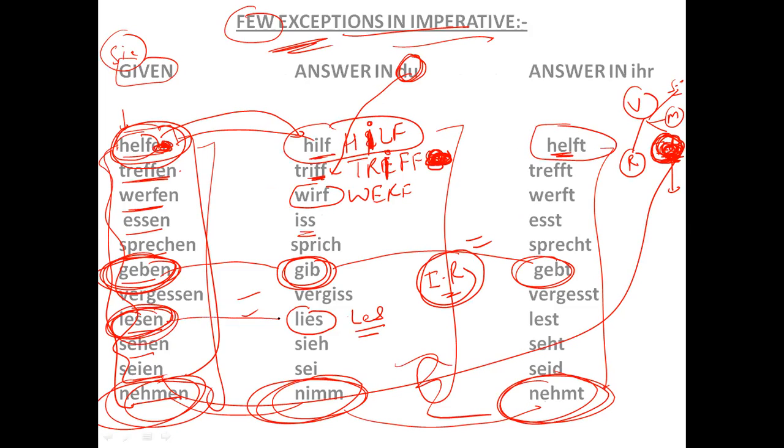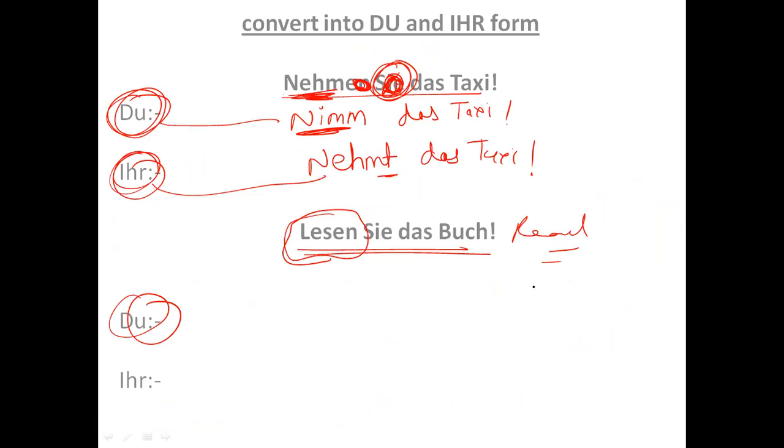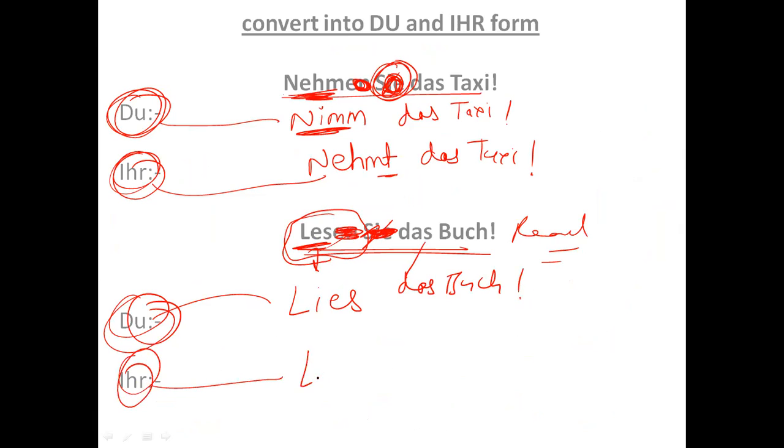In du it is lies and not lese, and in ihr it's lest. So here in du I should write lies, and this Sie will not come, ending will not come, I have converted already. And then das Buch, and then in ihr form I should write lest das Buch.